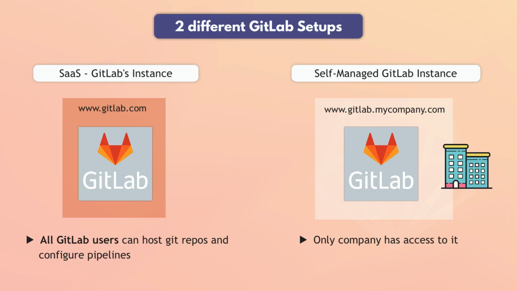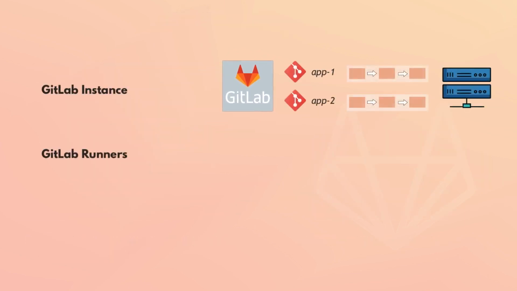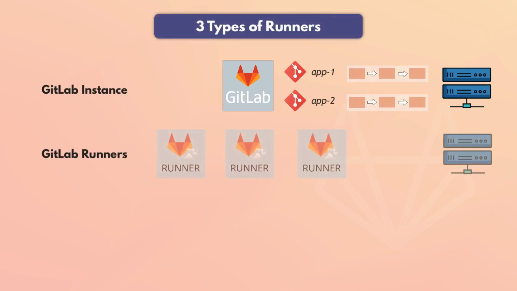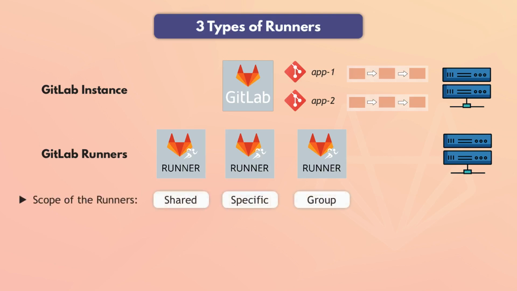On the second level, once we have that GitLab installation in place with projects and CI/CD pipelines, for those pipelines we need to configure GitLab runners, which actually execute the jobs. And we saw that we have three types of runners that can be registered with the GitLab instance. We have the shared runners, which gitlab.com provides out of the box as managed shared runners.